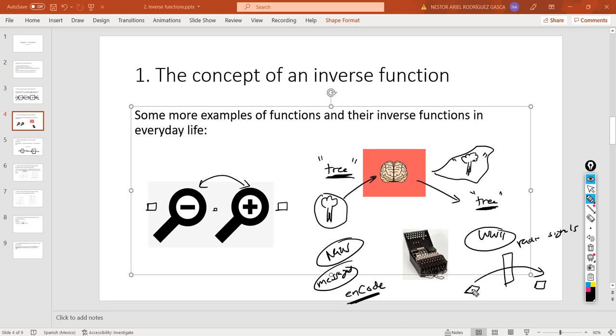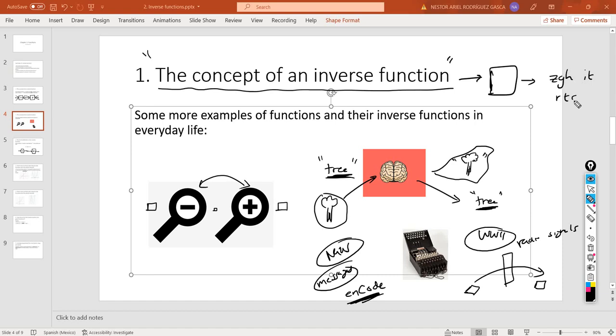These people think up a message, they encode it through a machine, and maybe the original message is going to look something like, I don't know, CGHITRTSAB, something like this.